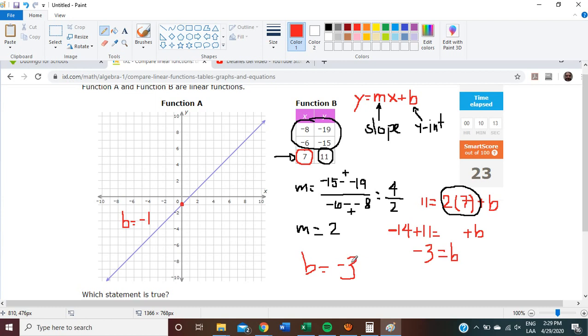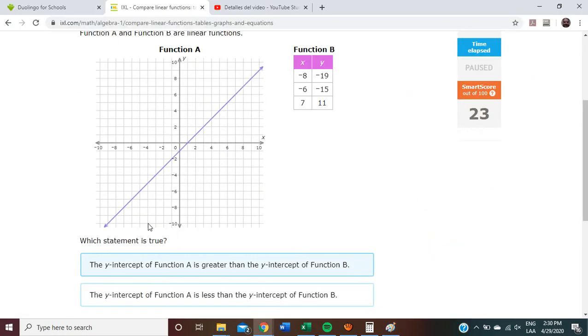Be careful on that, because with negative numbers, the number that looks bigger, like 3 is bigger than 1, is actually less because it is farther from 0. So in this case, the y-intercept in function A is greater than the y-intercept in function B. Function A, -1.